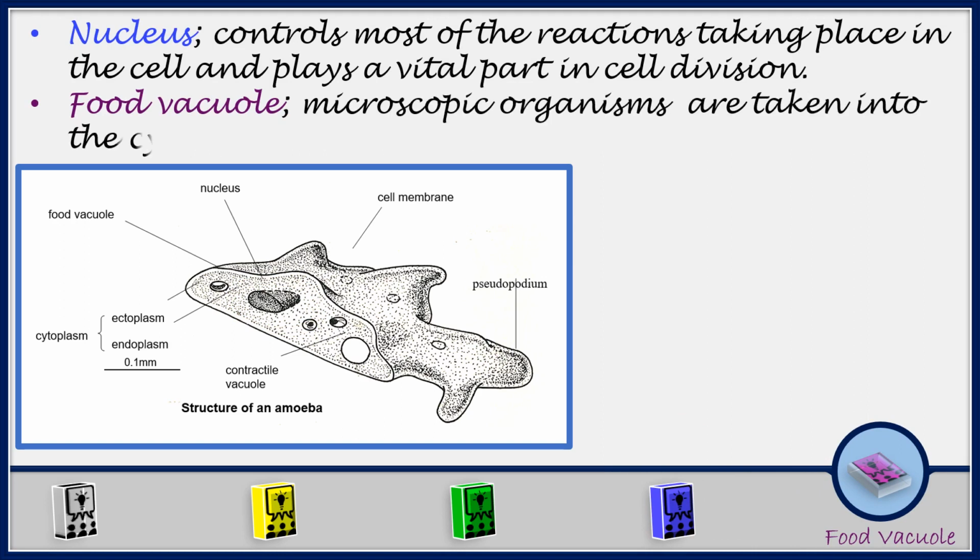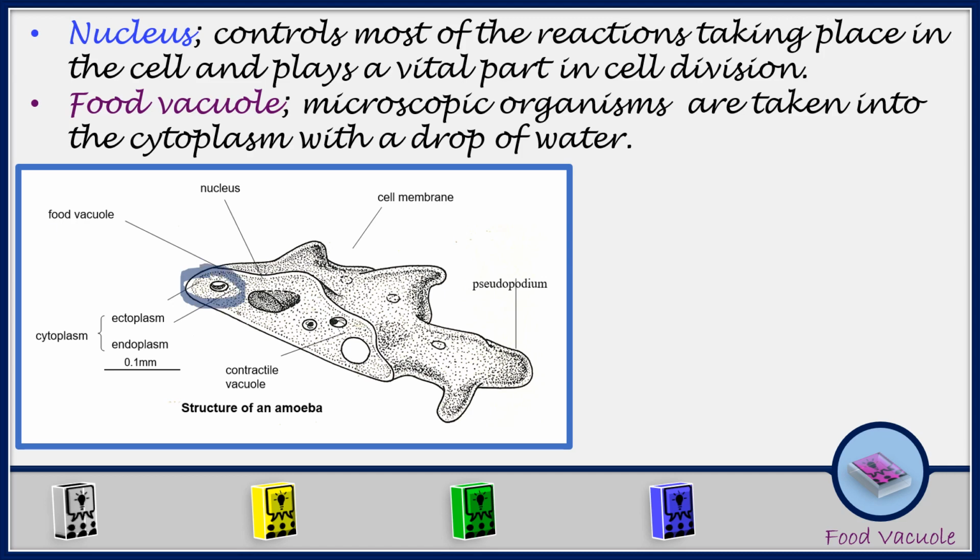Then we have the food vacuole. Here is where we have our food vacuole. These are microscopic organisms, very small, and are taken into the cytoplasm with a drop of water.